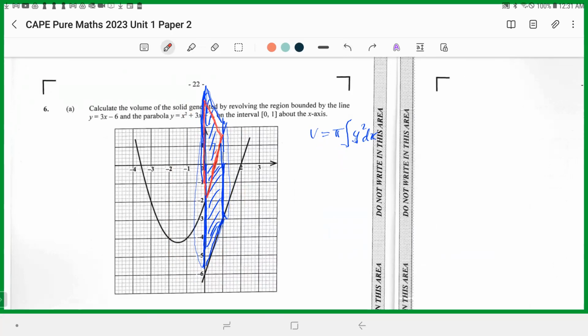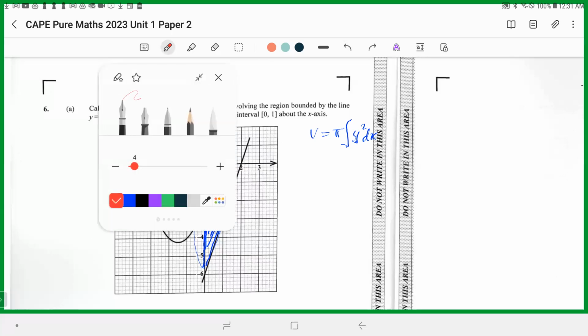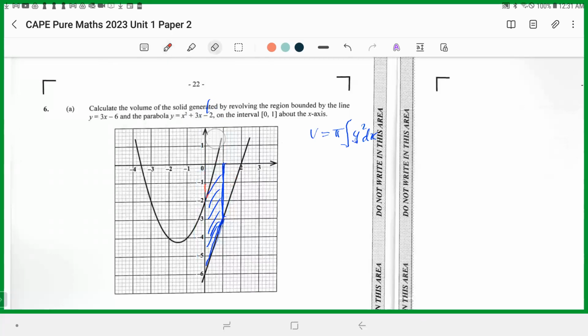If you want the region between them, let me do it another way. You want the region formed out by this. When you form it out, the space is going to be left. It's something like so.